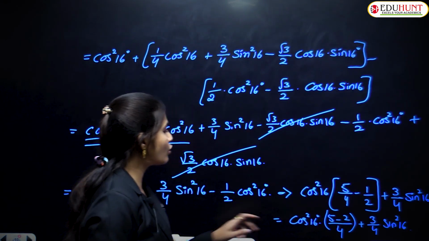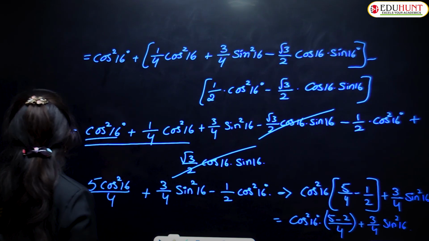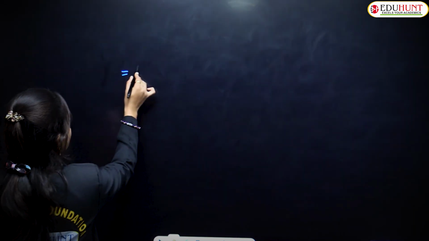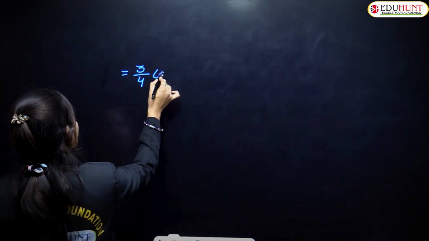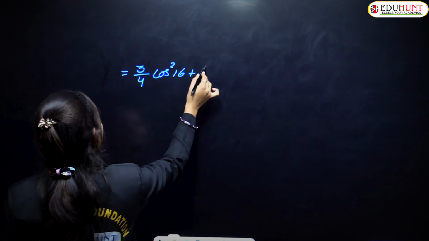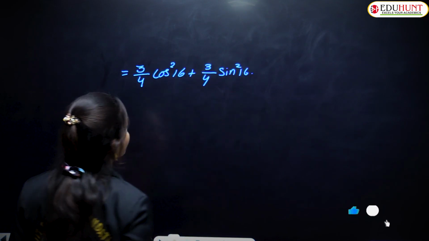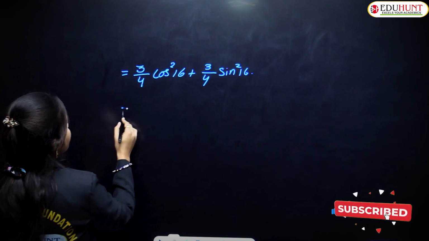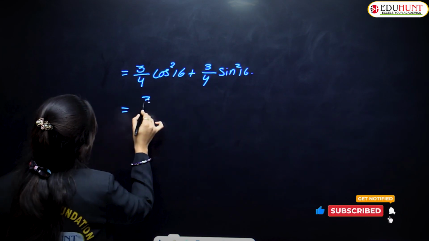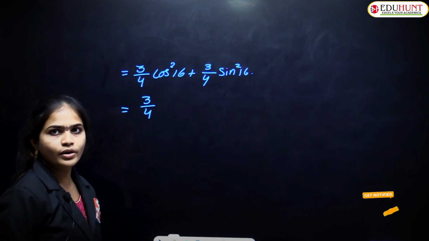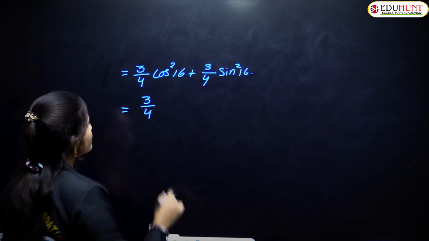So 3 by 4 cos square 16, which equals 3 by 4 cos square 16 plus 3 by 4 sin square 16. Those are the leftover terms. From these two terms, 3 by 4 is common, so we can take 3 by 4 as common.